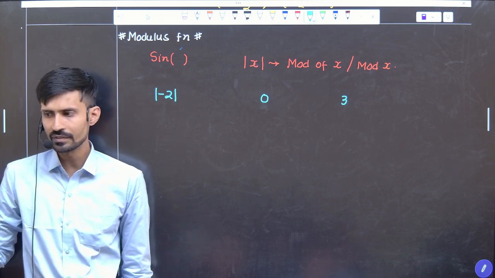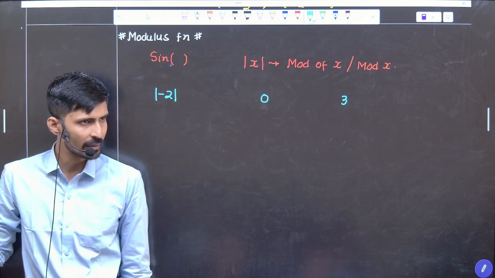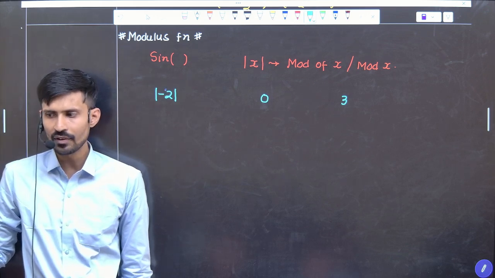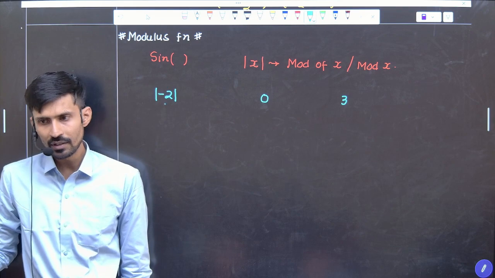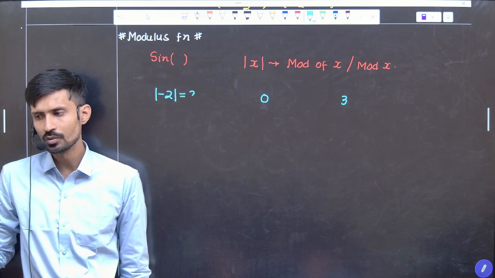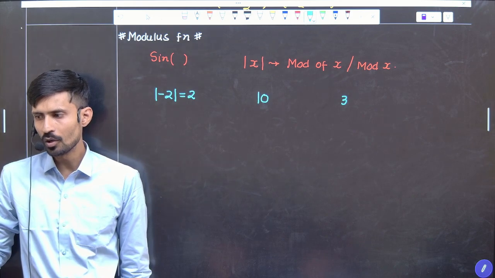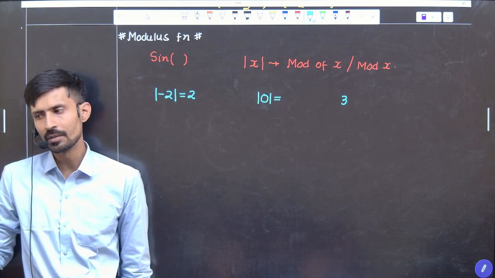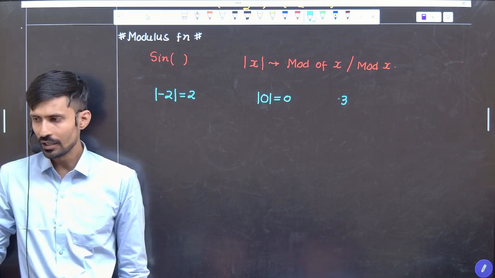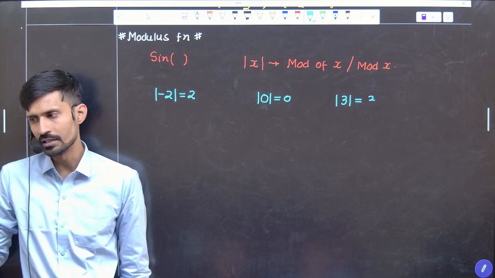Like here I give 30 degrees. So what will it give? Sine 30 degree will become 1 by 2. So similarly this is mod. Inside mod if I give a negative number, that will give a positive number. So that will be equal to 2. And if I put mod on 0, that will simply be 0, no changes. Now, if I put modulus on a positive number, then also no changes.